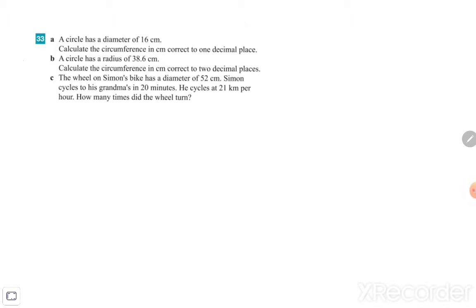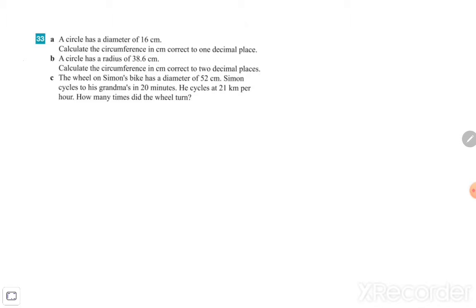Here's a new video about exercise 33 where we're going to calculate the circumference. The first question is that we have a circle with a diameter of 60 centimeters, and we need to calculate the circumference in centimeters, corrected to one decimal place.